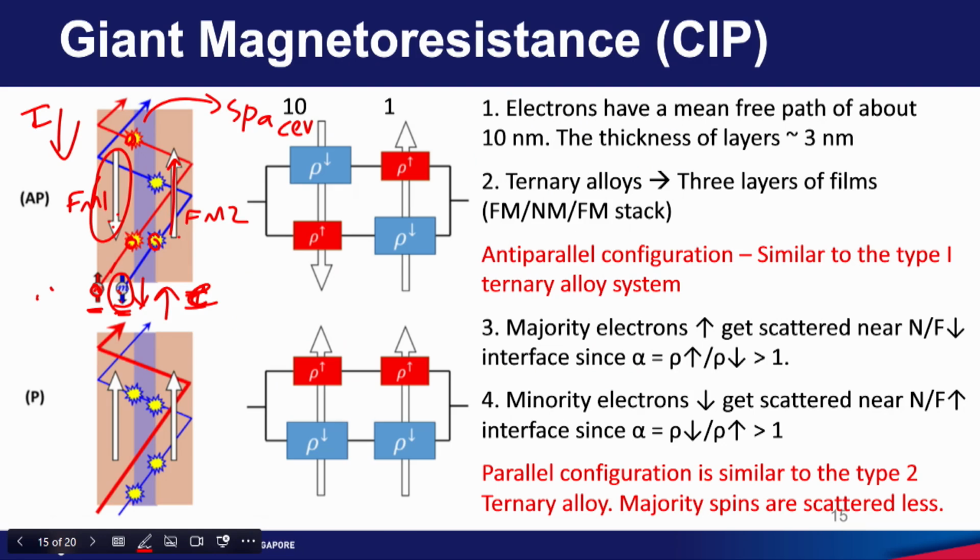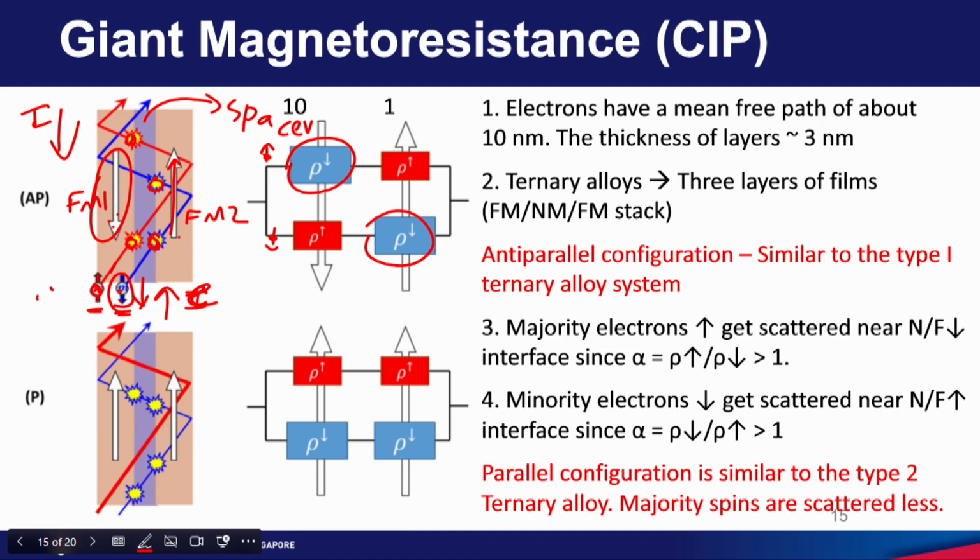They are anti-parallel, so it is minority here. So, it gets scattered here and here. If you look at the spin up channel and spin down channel, you have large resistance in both of these paths.